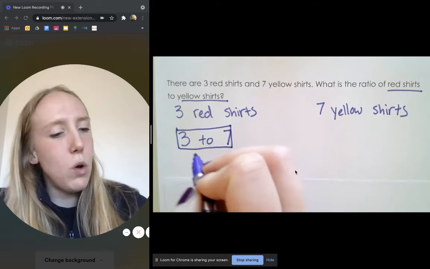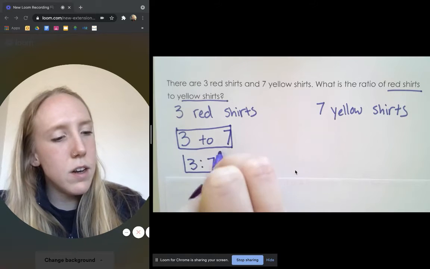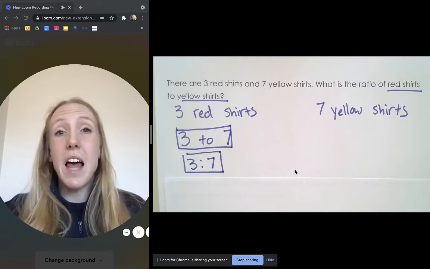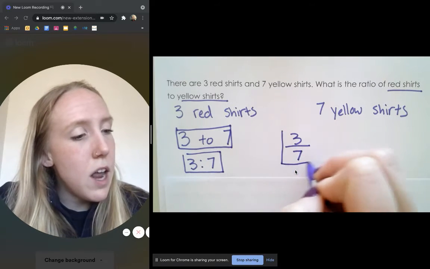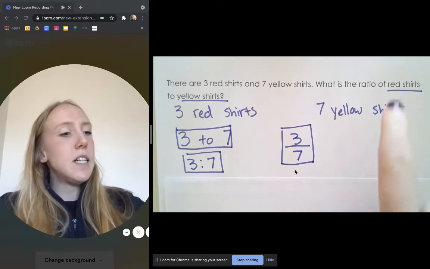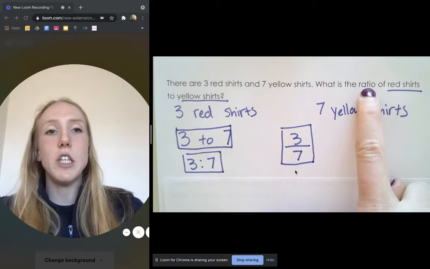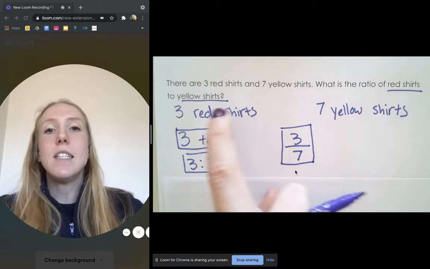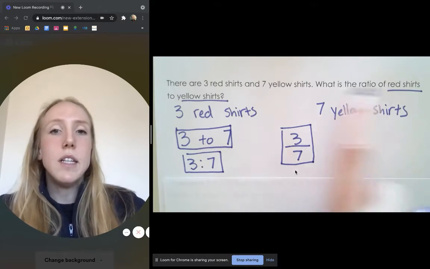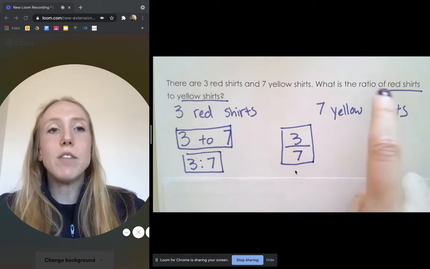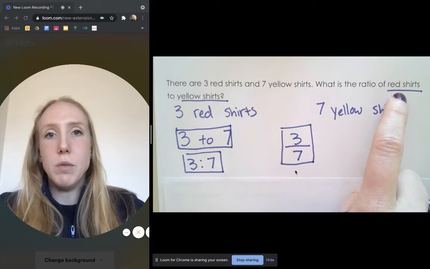We could also use the colon. We could do 3 to 7. And remember, the last way is to write it as a fraction, 3 to 7. Now, notice how, since the red shirts came first, they said write the ratio of red to yellow. They did not say yellow to red. So we have to start with the number of red for our ratio.